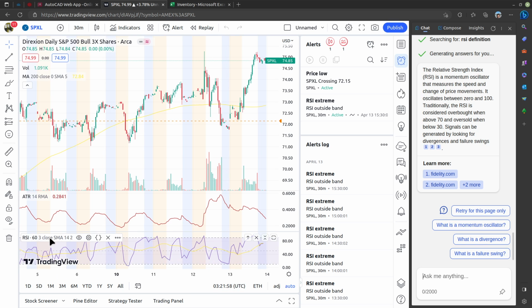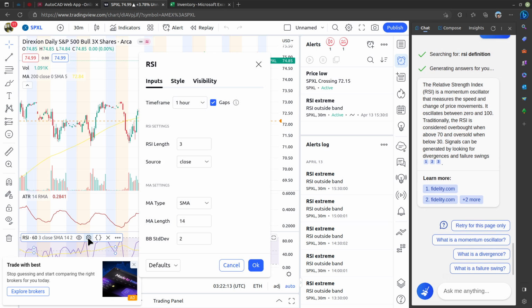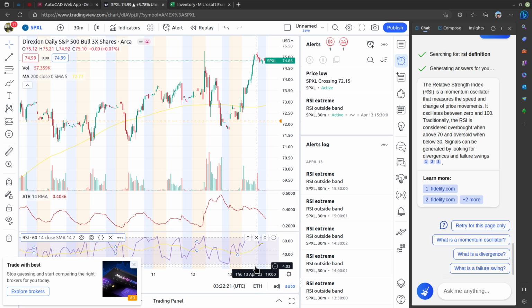I got it from a book, and I'm using the RSI 3, which is just very reactive. It goes up and down a lot. Can we change it? Let's change it. Usually everybody uses 14. Let's put OK. I hope it doesn't screw up my setup. See what happens with the 14?